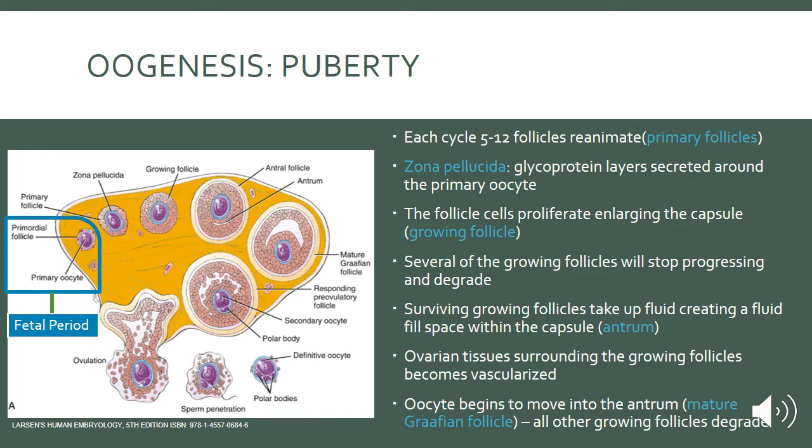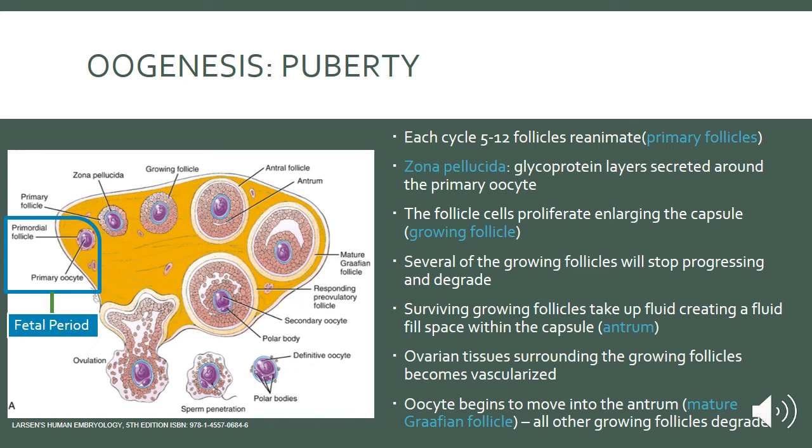Now, as this process progresses, some of those follicles that initially reanimated are going to degrade, until ultimately we really just have one. But the ones that survive up to this point start to take on fluid, and they create this fluid-filled space within the capsule, within the cells that have formed and grown around from the capsule, and that space is called the antrum.